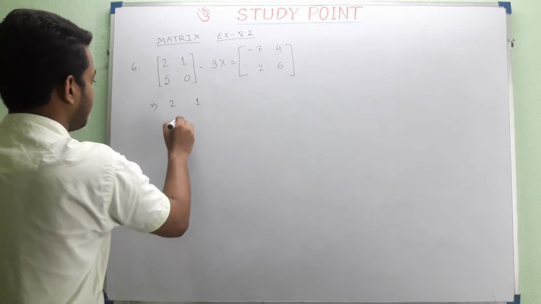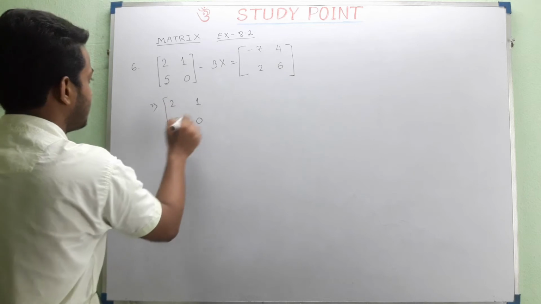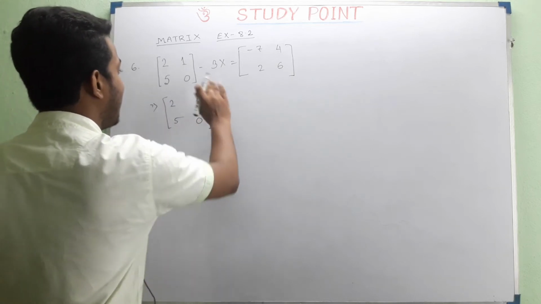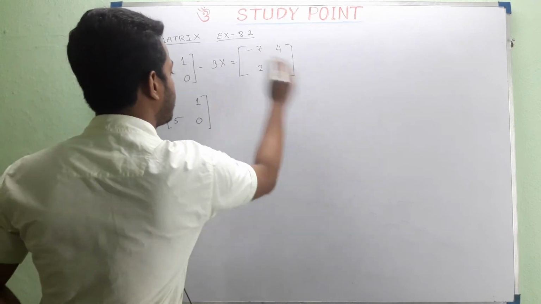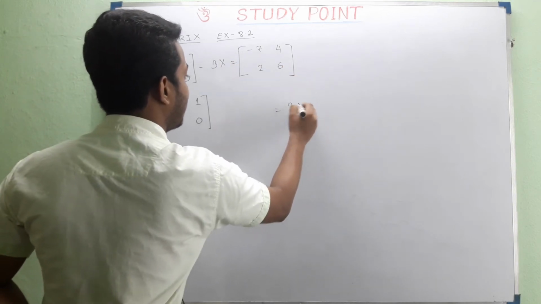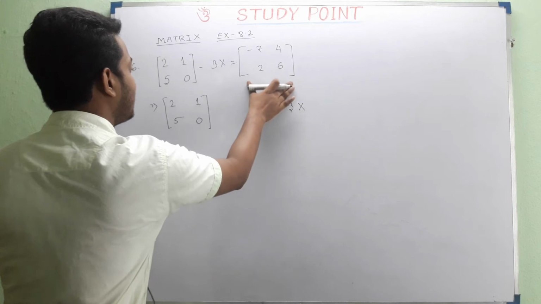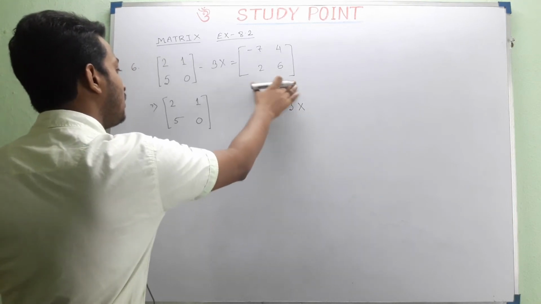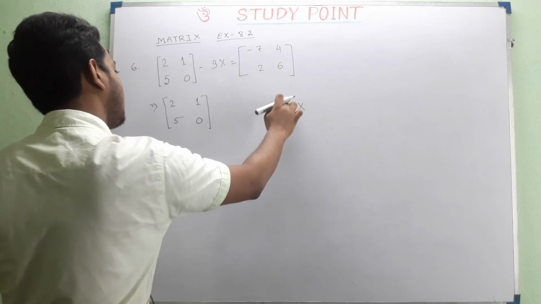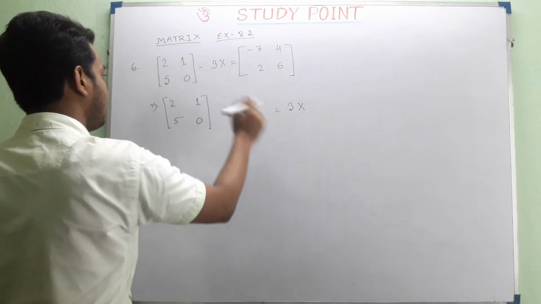So just write down this matrix over here, and because it has the minus sign, after changing its position, if it comes to the right side it will be plus 3x. And as we have to find the value of the X, it's better to keep it on one side and all the remaining terms on the other side.